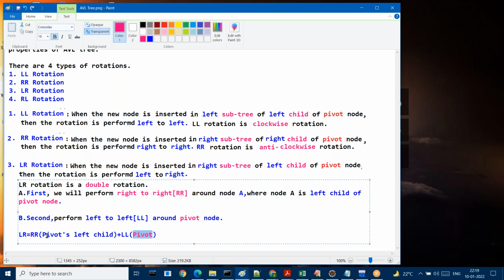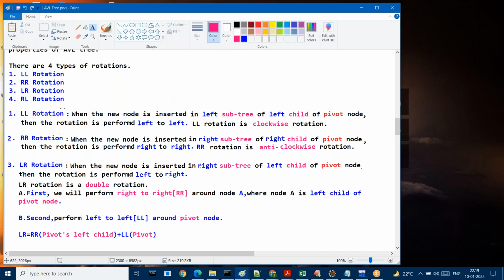Sir, show with an example. Getting too much confusion. Left, right. I will give you left and right. Sir, then what will happen, sir? Let's see LR rotation. At least perform once. Can we get it or not? As per our example. Now come here.